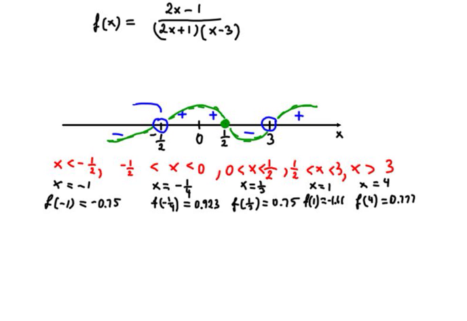You get a test value, any arbitrarily set number, as long as that number is found in that interval. So -1: you find the value of the function when x is -1, and this gives you a negative reading. So this is why you expect to see the graph below the x-axis. At -1/2, this is the little circle here showing that this is not part of the graph, so there's a discontinuity here. So this is why the circle remains open.